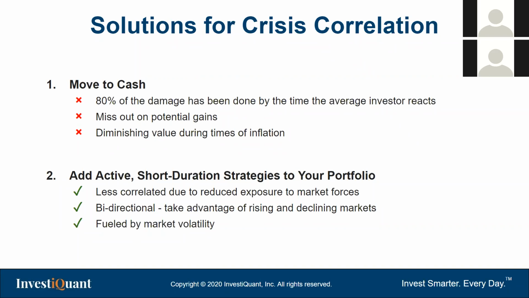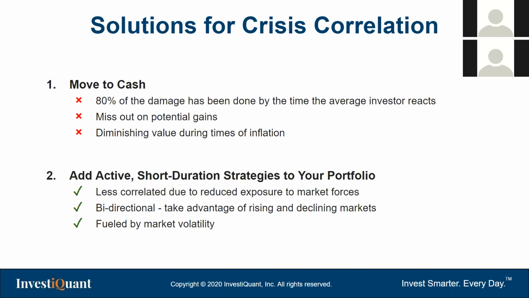But one of the better solutions, in our opinion, is by simply adding active short duration strategies to your portfolio. And that could be something like intraday strategies or shorter duration strategies, maybe just lasting a day or two. But there's several different benefits there.